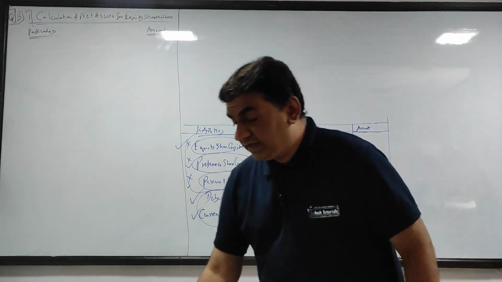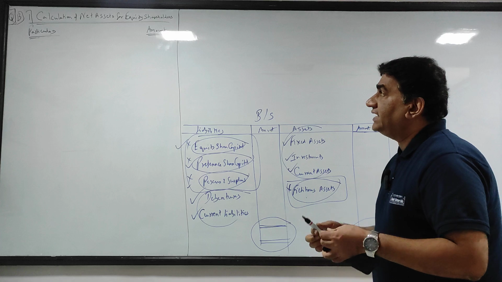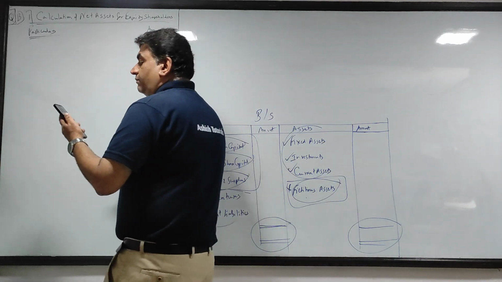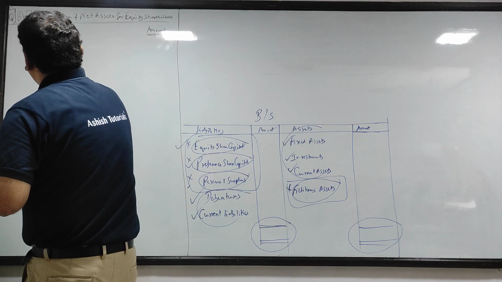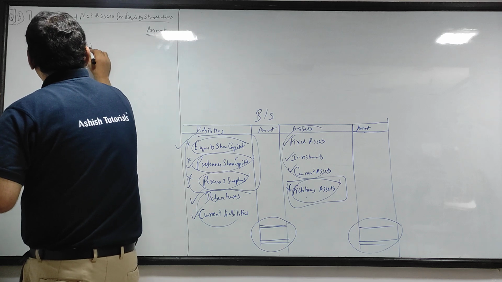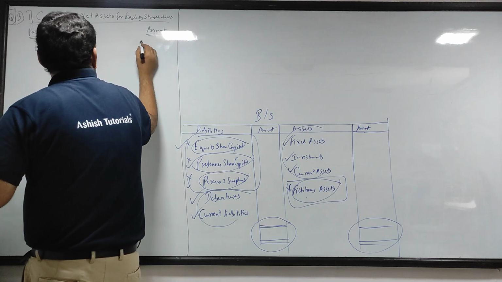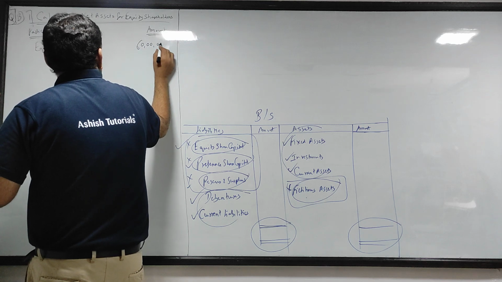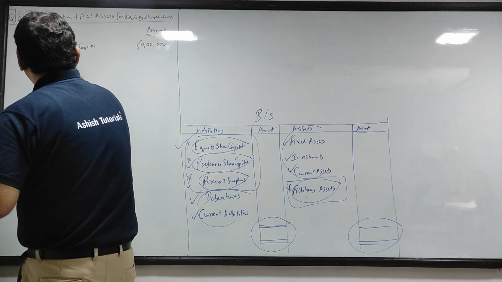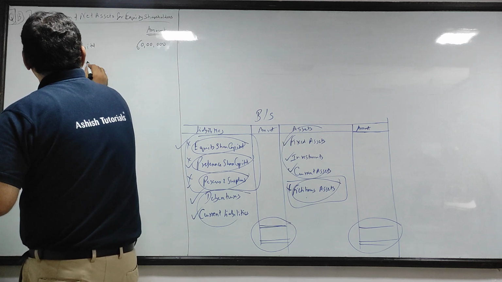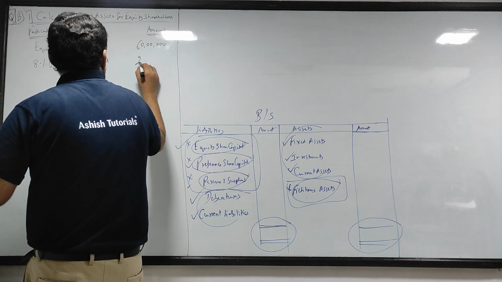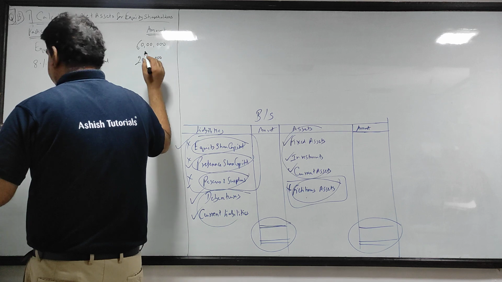सो व्हाट आई डू, गिव द हेडिंग कैलकुलेशन ऑफ नेट एसेट्स फॉर इक्विटी शेयर होल्डर. द फर्स्ट स्टेप, टेक शेयर कैपिटल बोथ इक्विटी एंड प्रेफरेंस. So write there equity share capital, that is 60 lakhs. Okay, 8% preference share capital, that is 20 lakhs.